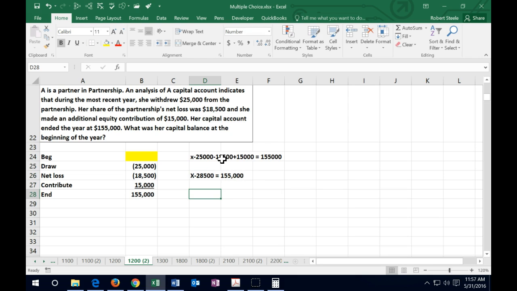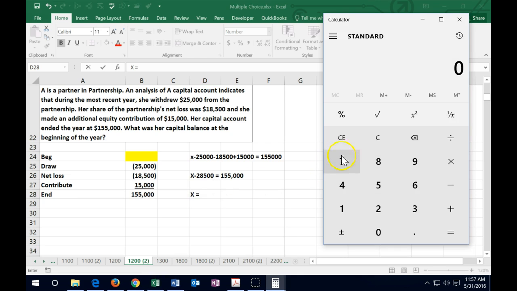And then, of course, now we're going to add to both sides this 28,500. So if I add 28,500 to this side and 28,500 to that side, we end up with x is going to equal the 155,000 plus the 28,500, which is 183,500.